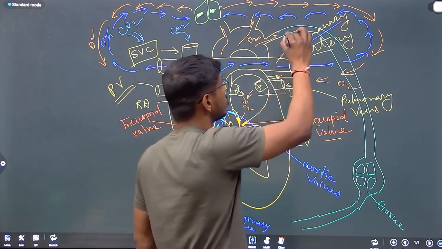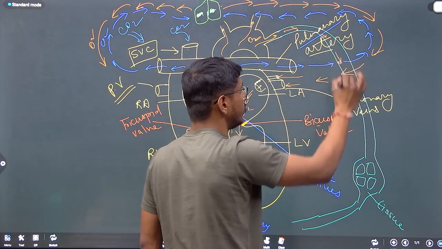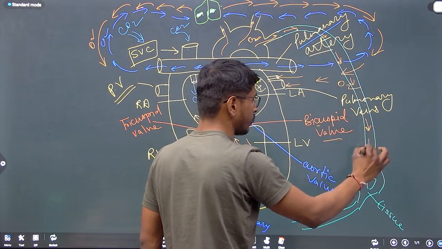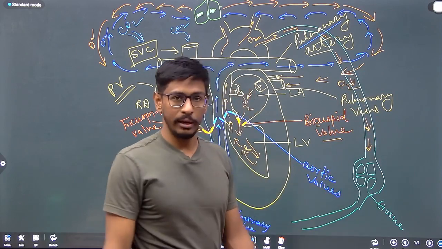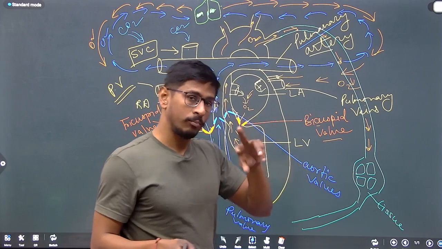So let's take the blood. This is oxygenated blood which is flowing in this tube. And what kind of tube? Well, this is the aorta, and there are many arteries which branch from the aorta.